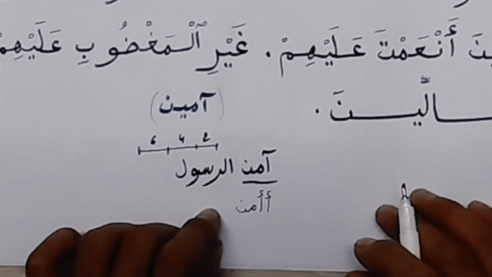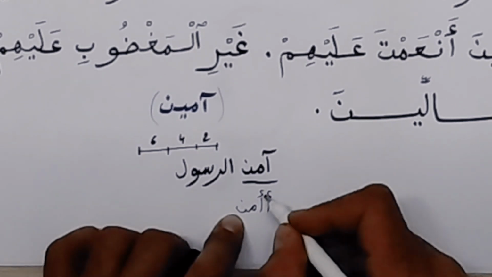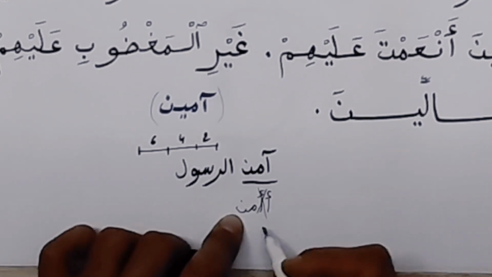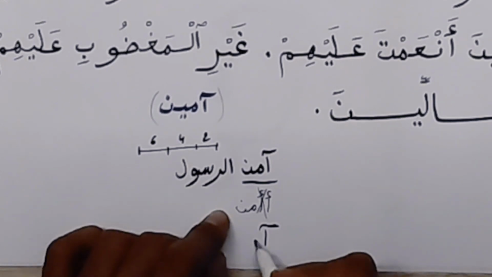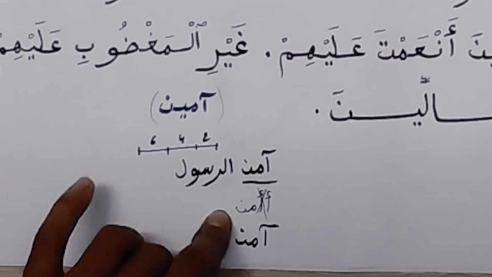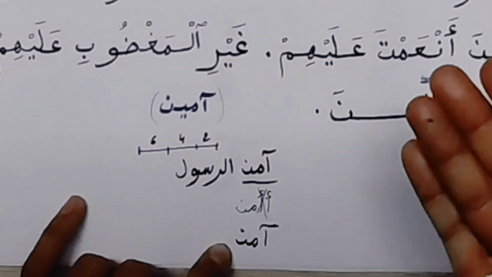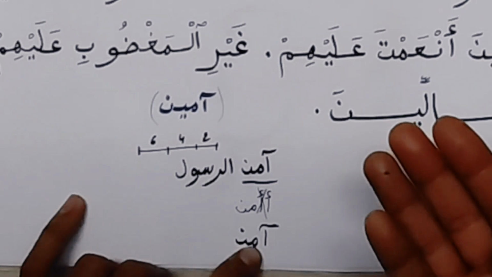That's why it's called مد البدل. We substitute the second one, we omit it like this, and we substitute it with a long mad. آمن. So this has 4 harakat, and we count like this. آمن الرسول.